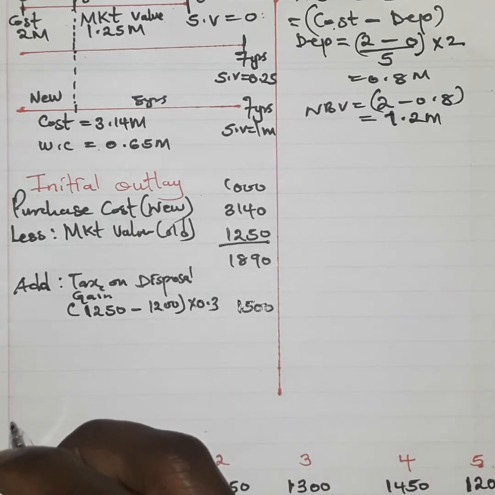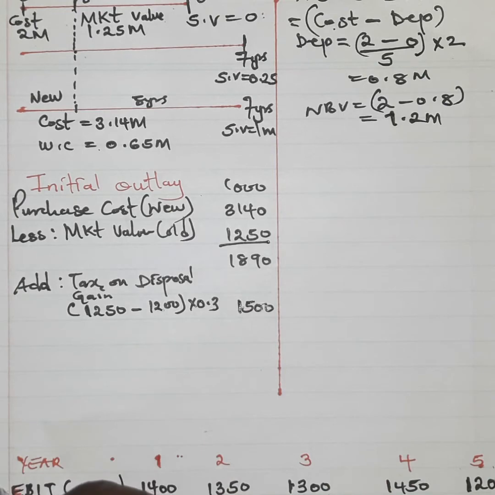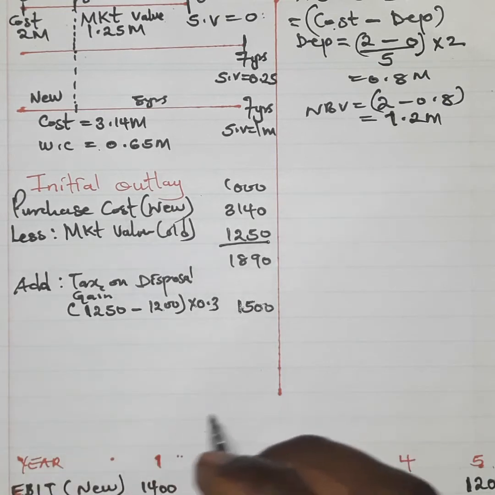That is the tax on disposal gain. It is part of the investment.